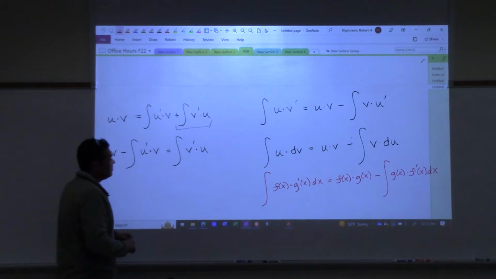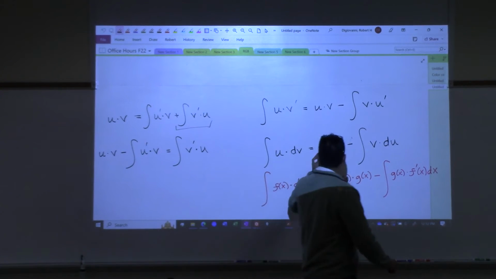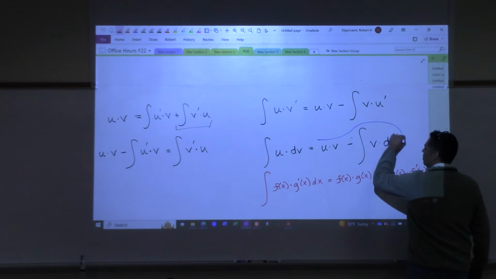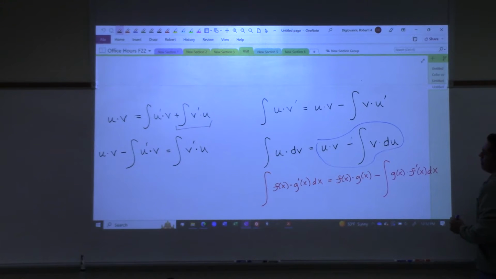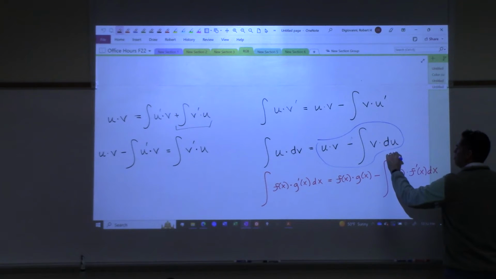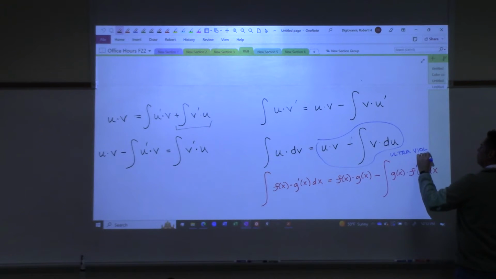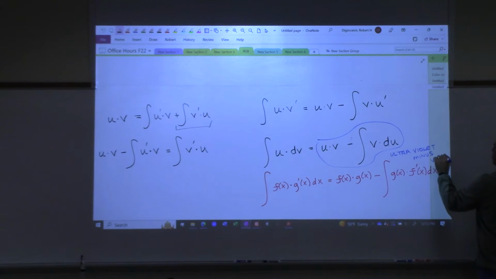Before I do it, I know some of you have maybe heard this before. There's a way to remember this, a little saying to help you remember that formula. And it's ultraviolet. Is that the right way? Ultraviolet, I think that's right, minus voodoo, V-O-O-D-O-O?